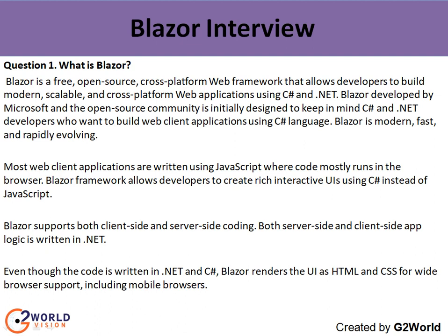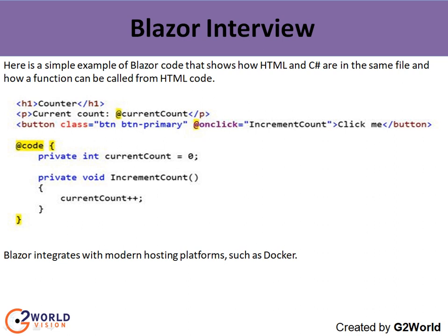Both server-side and client-side apps are written in .NET, even though the code is written in .NET and C#. Blazor renders the UI as HTML and CSS for wide browser support, including mobile browsers.